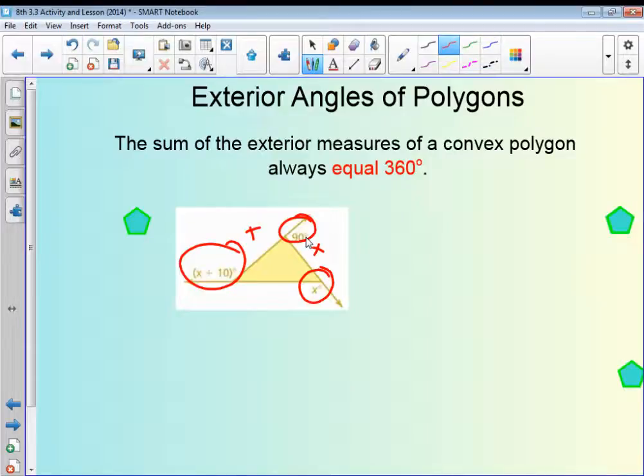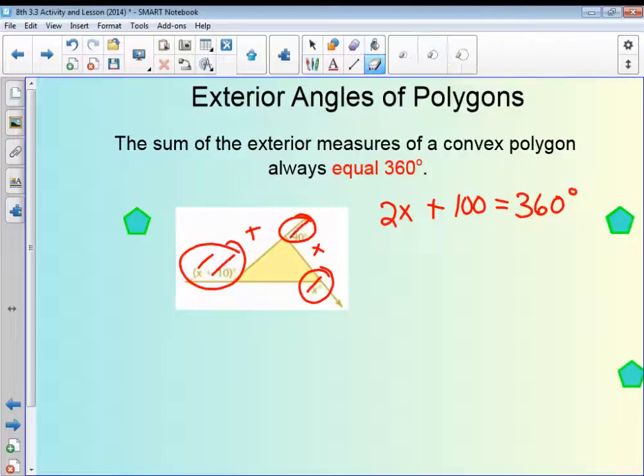So what do I see in those parts that I circled? I see two X's plus 90 plus 10. So I'm going to put those together. I'm going to chunk them together automatically, which gives me 100 equals 360 degrees. Okay, so my two X's and then my 10 plus 90, that gave me the 100.